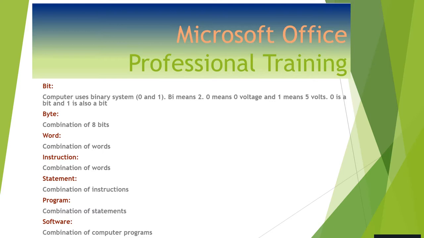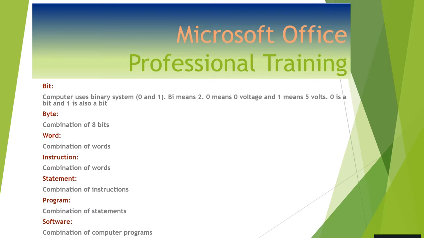If we combine these bits, zeros and ones, we make a byte. 8 bits is standard, 8 bits is a byte. From bytes we have kilobytes, megabytes, gigabytes, terabytes, zettabytes.